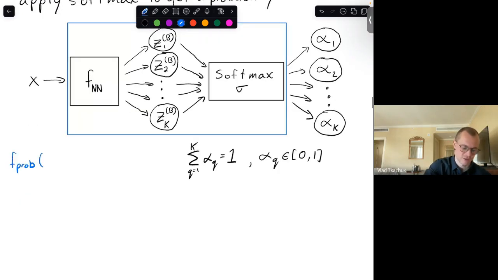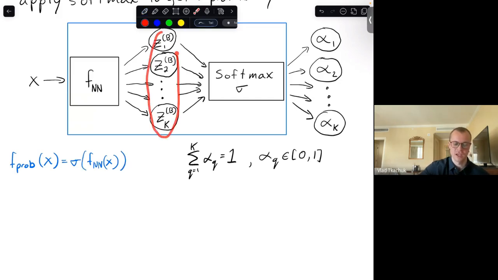It takes in an x, your sequence of tokens, maps it through the neural network, and then passes that vector of k real numbers into the softmax, which produces the desired probabilities.